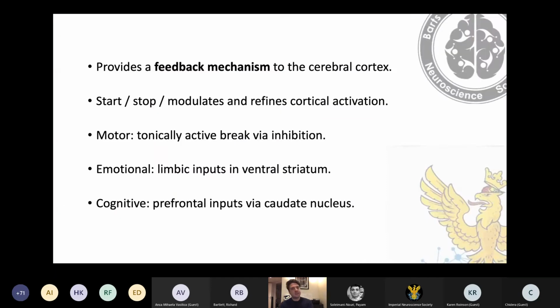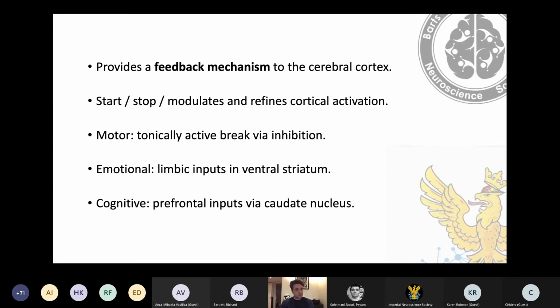We've mentioned earlier, it provides a feedback mechanism to the cerebral cortex. Its importance from a motor component is to start, stop, or modulate and refine cortical activation. That can mean initiation of movement, be that rapid or a slow progressive initiation.